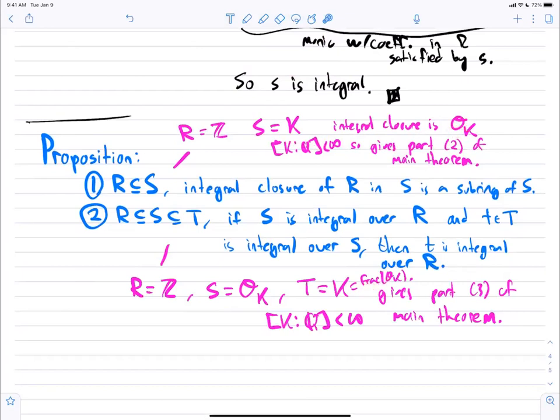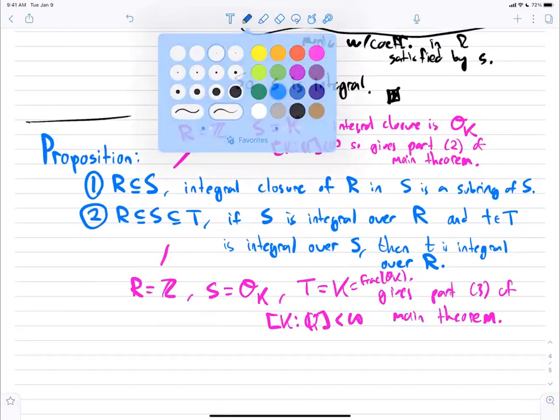But then this theorem will now tell us that O_K is integrally closed, because this theorem says if you have something that's integral over O_K, then it's in fact integral over Z, but then it was already in O_K. Okay, so that's this general statement.